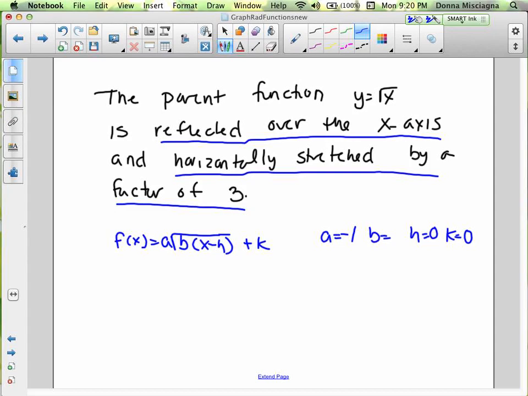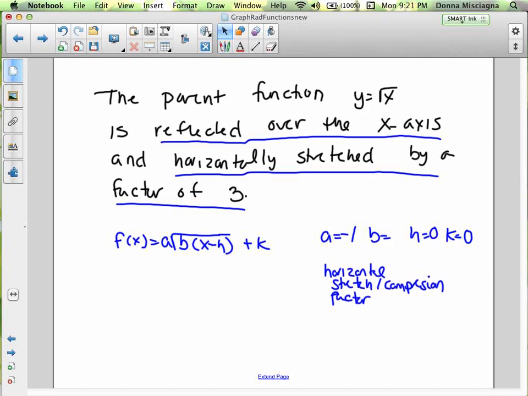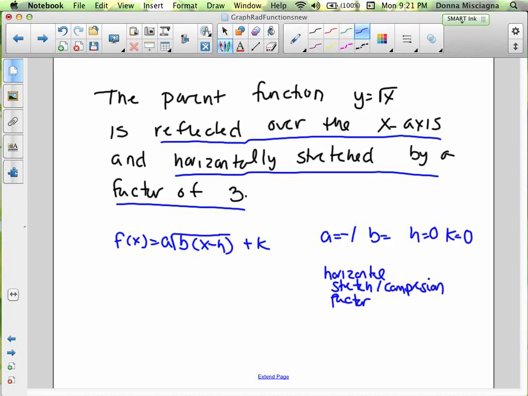So to find out what our b is, we take our horizontal stretch or compression factor, and we put it over 1, and that's what b is equal to.